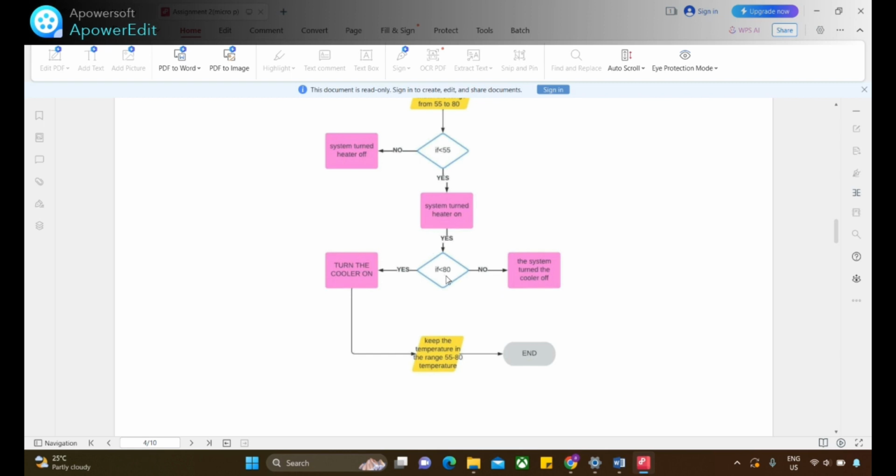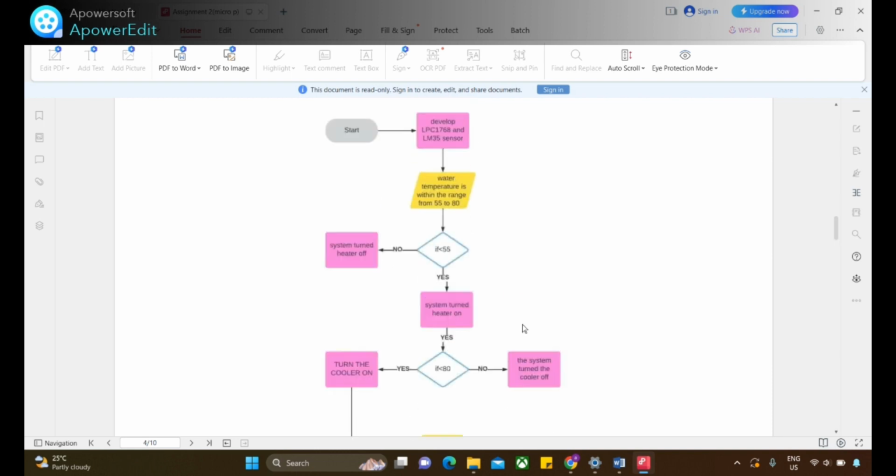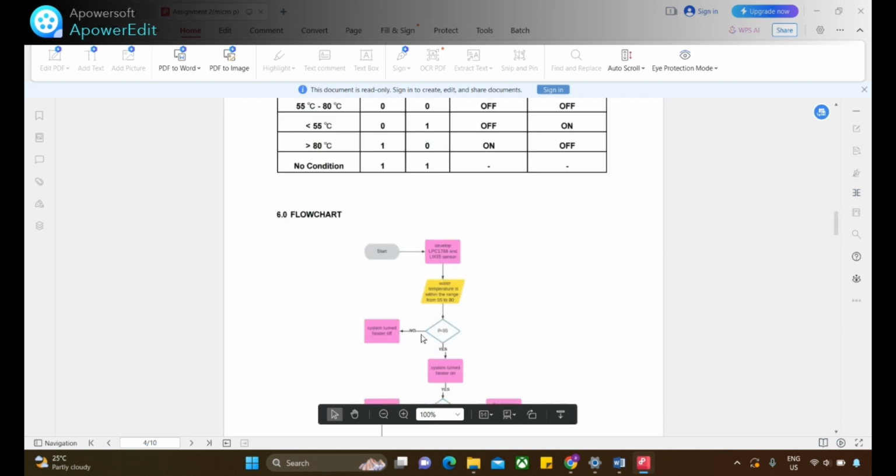Then when the cooler is on, it will keep the temperature in the range of 55 until 80. So that's all for the flowchart and the range between the heater and cooler.